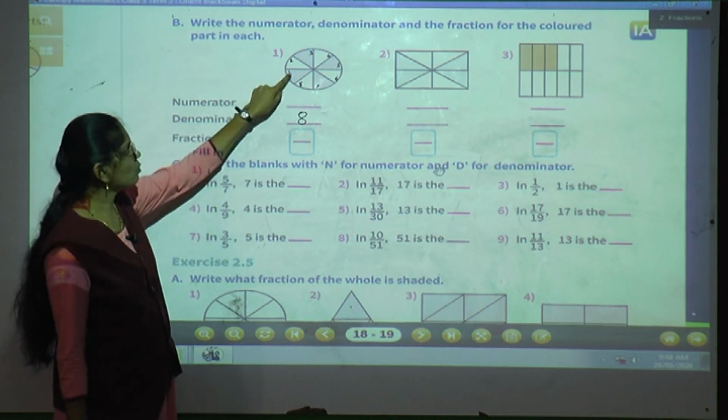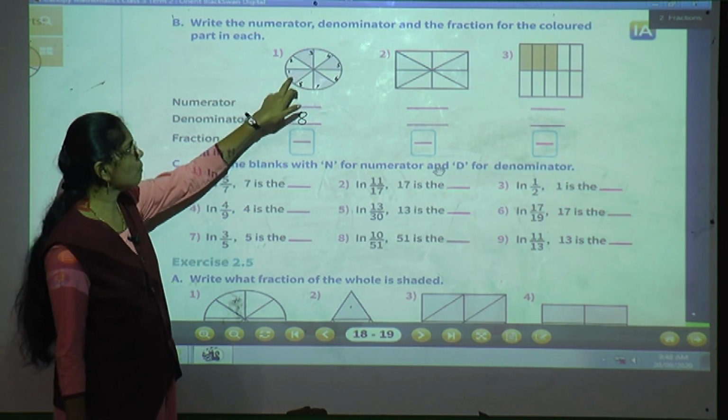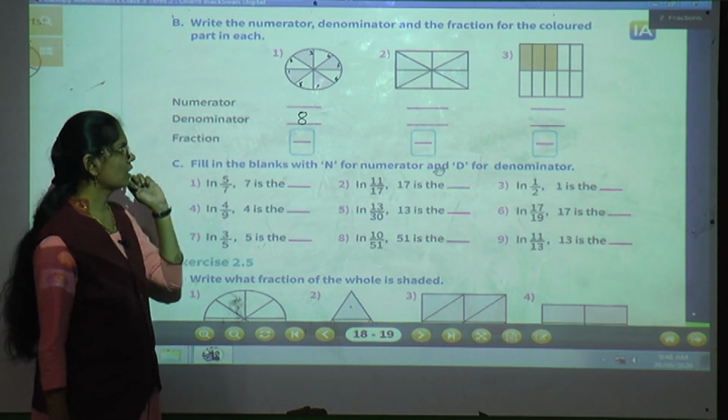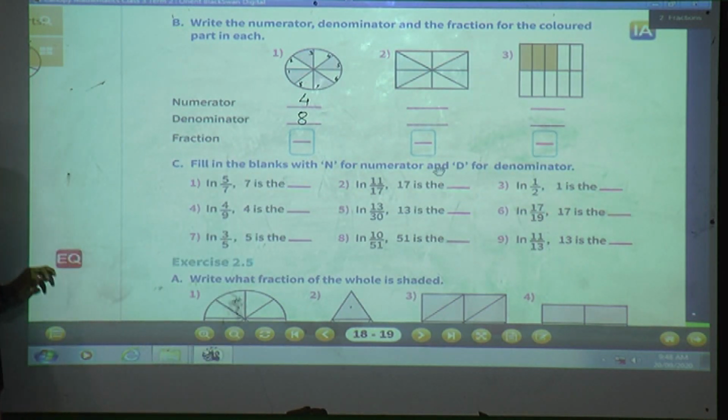For that you have to count only the colored part. In this example, 4 colored parts are there. So here numerator is 4. Now here we got numerator 4 and the denominator 8.